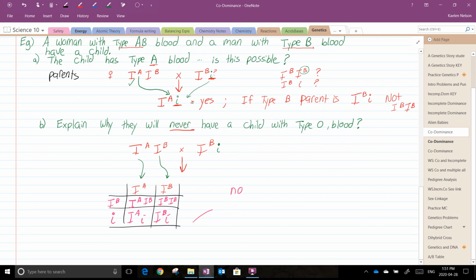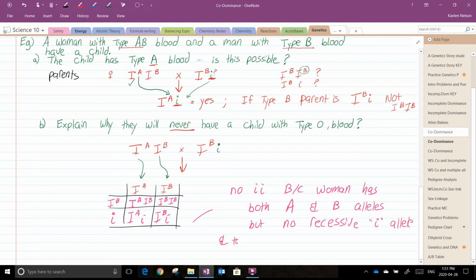So there are no little i from the woman, because she has both A and B alleles, but no recessive little i allele.